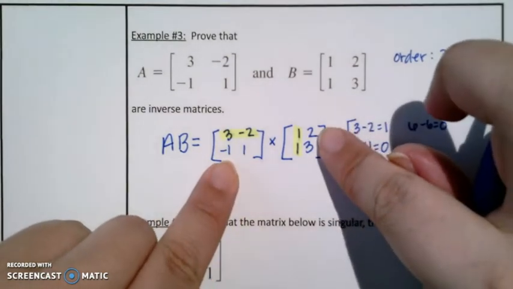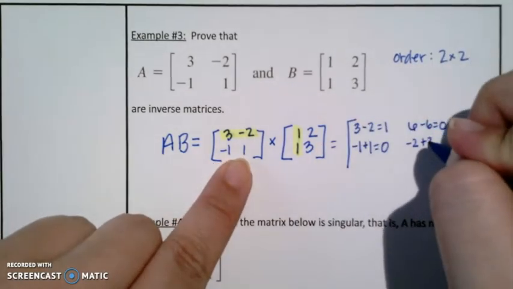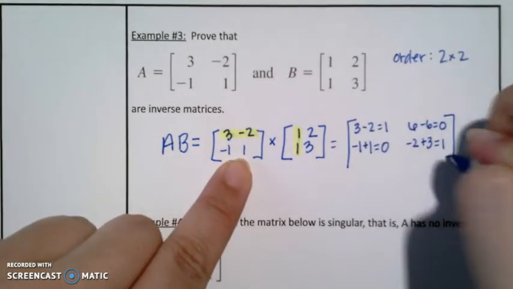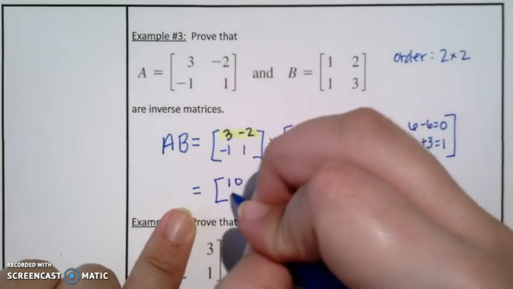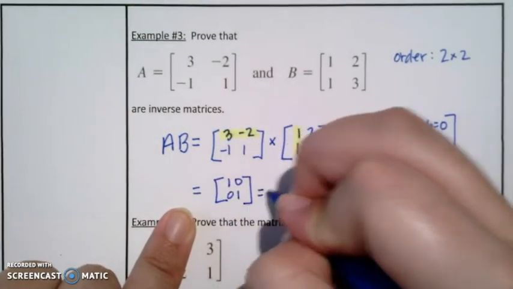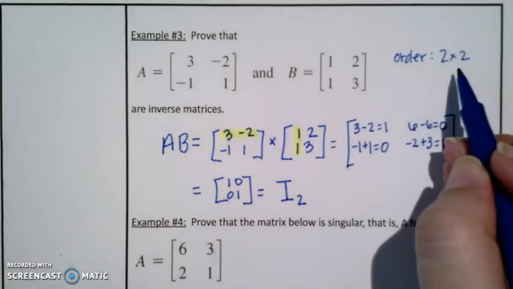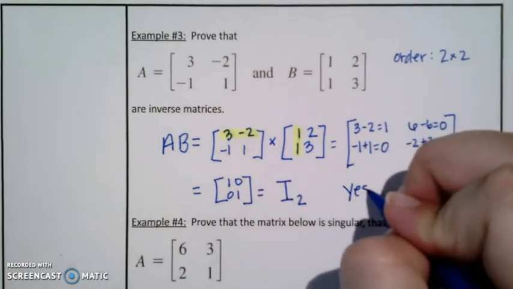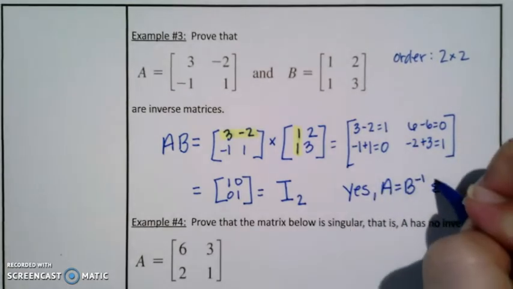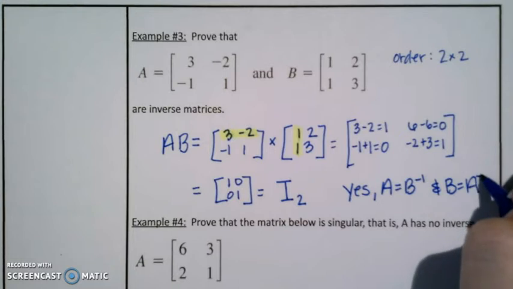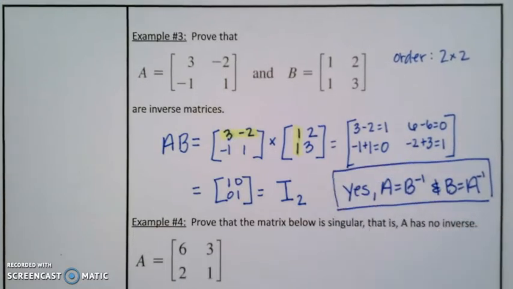And lastly, 2 times -1 is -2, plus 3 times 1 is 3, which gives us 1. So this gives us 1, 0, 0, 1, which is in fact our identity matrix of size 2. Our order was 2 by 2, so yes, A equals B inverse, and B equals A inverse. The matrices will be inverses of each other.